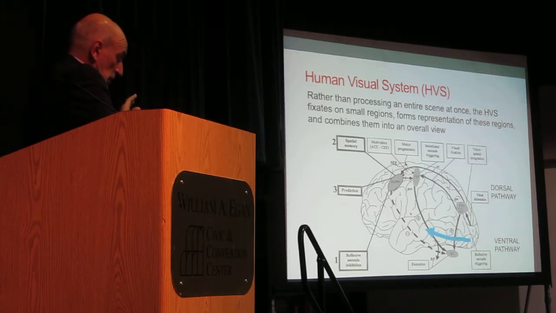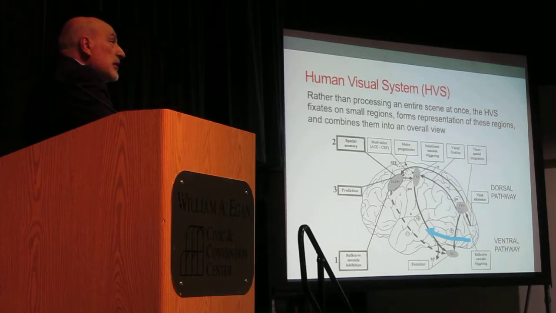So the brain itself is unable to deal with this flow of information from the retina, and it probably uses shortcuts to effectively handle all the information.